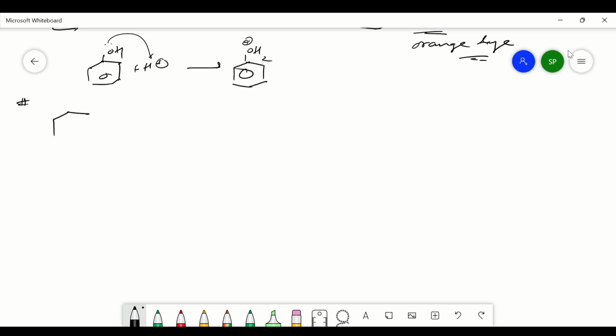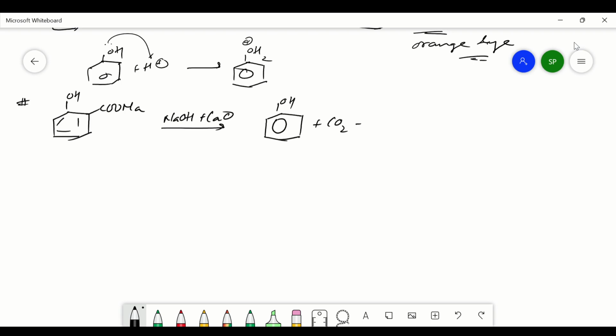You see COO, and if we react this with NaOH plus CaO, this will produce phenol.